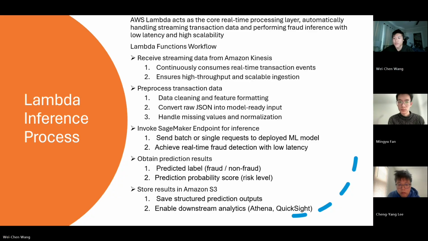Preprocessing, clean and normalize raw JSON data, then convert it into the format required by the model. Model invocation, sending requests to the deployed SageMaker endpoint to achieve millisecond-level fraud detection. Last but not least, result storage. Finally, storing the prediction results, including labels and scores, in Amazon S3 for subsequent use in Athena queries and QuickSight.